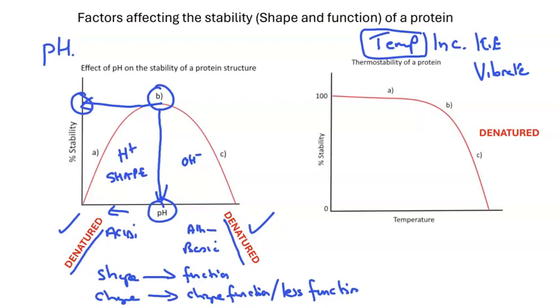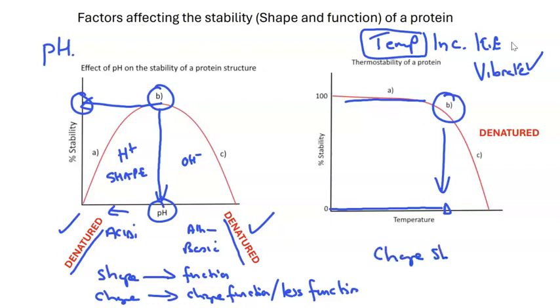And whilst the protein will tolerate temperatures up to a point where here it's very, very stable, but then we start to enter these conditions here with these temperatures, and the vibration of the molecule, the atoms and the structure starts to change the shape, and this will lead to a change in function, and we would call that being denatured.